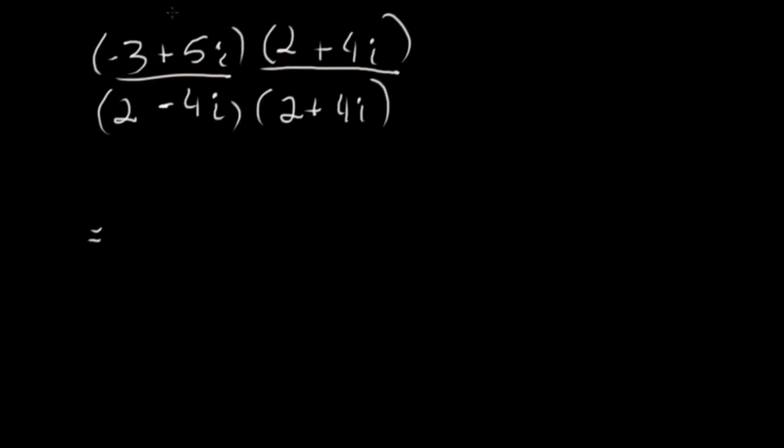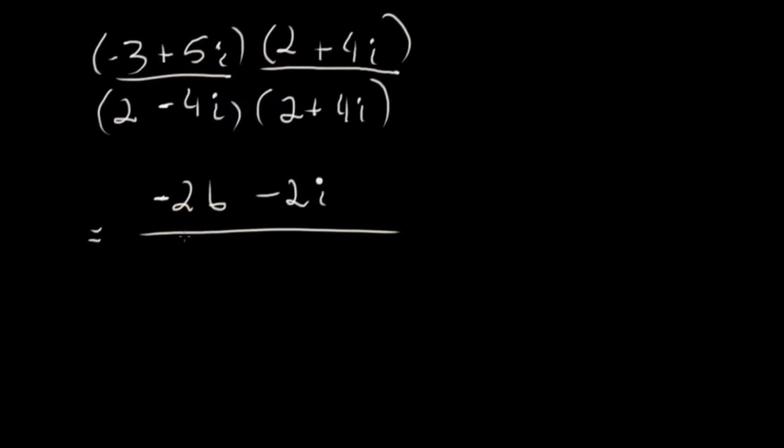So what does this give us? Negative 3 plus 5i, times 2 plus 4i. Let's do the numerator. We get negative 6. We're going to get a negative 20, that's going to be a negative 26. We're going to get a 5i times 2, that's a 10i. And we're going to get a negative 12i. That's going to be minus 2i. All right, so that's our numerator.